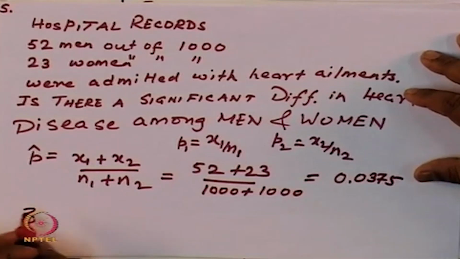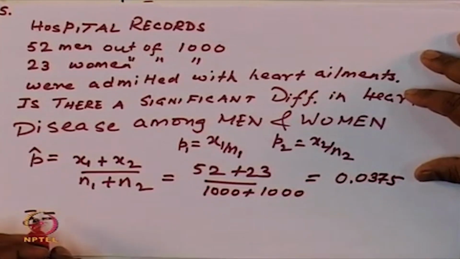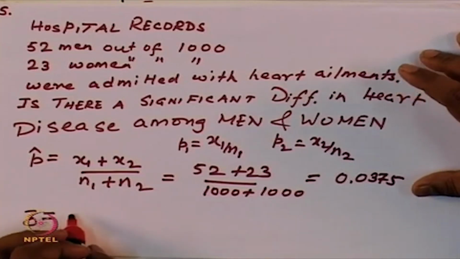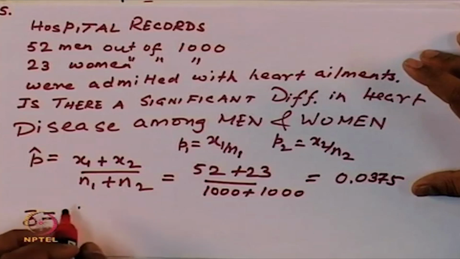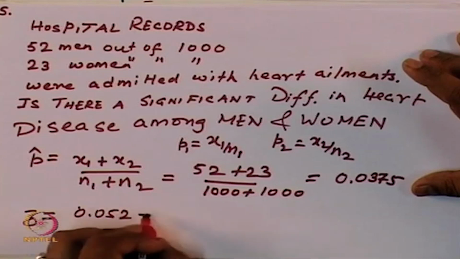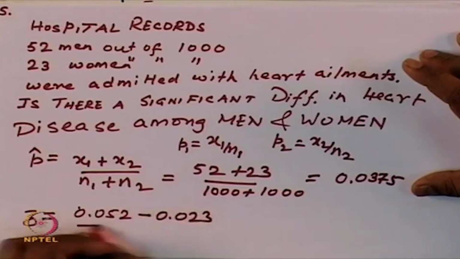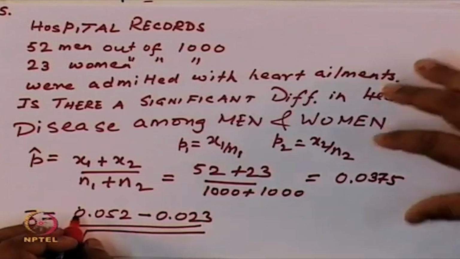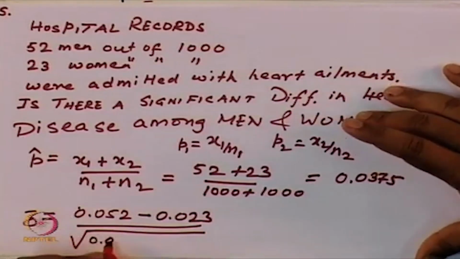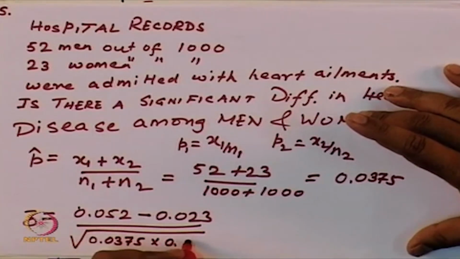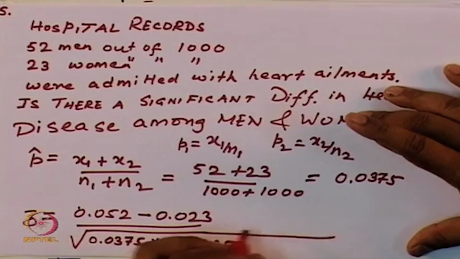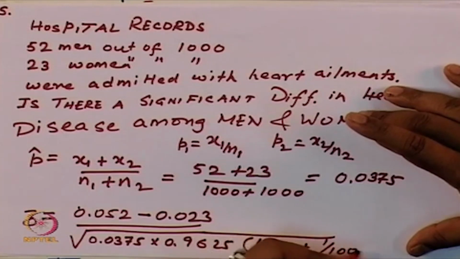Based on this P hat value, I can calculate my Z, which is P1 hat, which I know to be 0.052, minus 0.023 by root of, I use this common value, P into Q, which is 0.9625 into 1 by 1000 plus 1 by 1000.